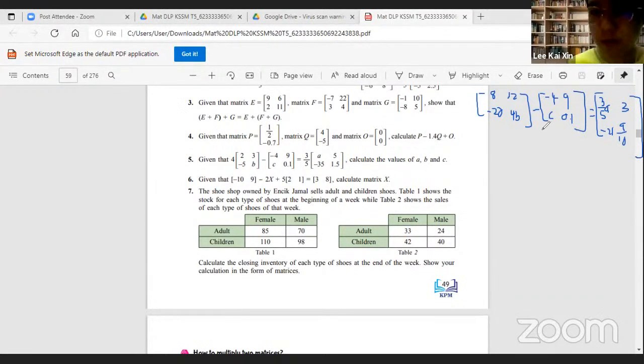So first we calculate the A first. So -8 minus 4 minus -4, so we get -8 plus 4 equals 3/5A.